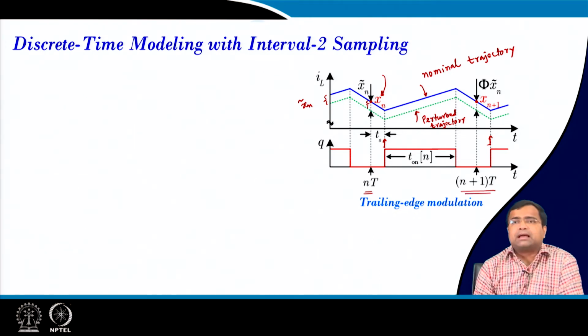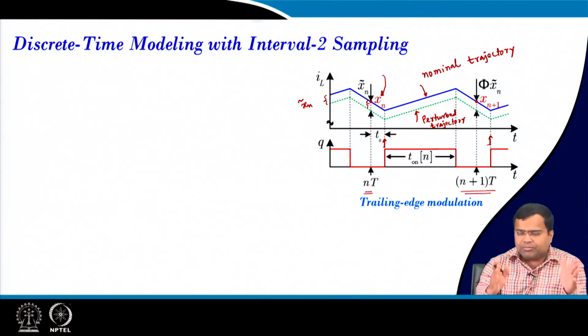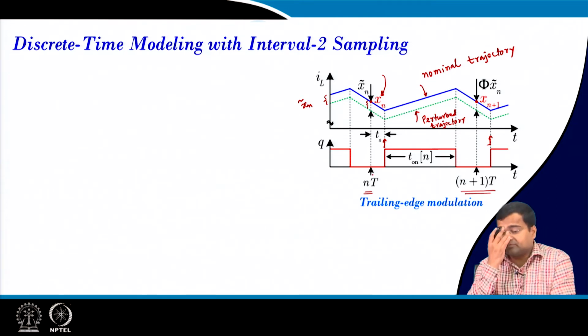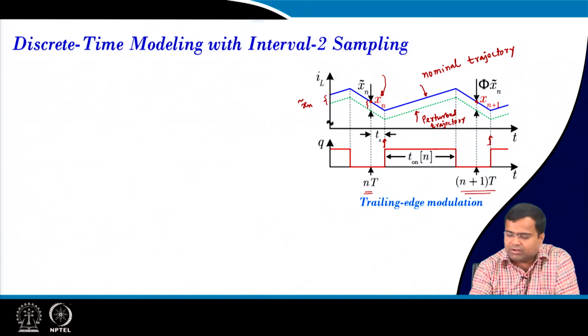At the sampling point we are talking about x of n, the value of the state at the beginning of the nth sampling instant, and at the end of the nth sampling instant there will be another sampling, that is x n plus 1.